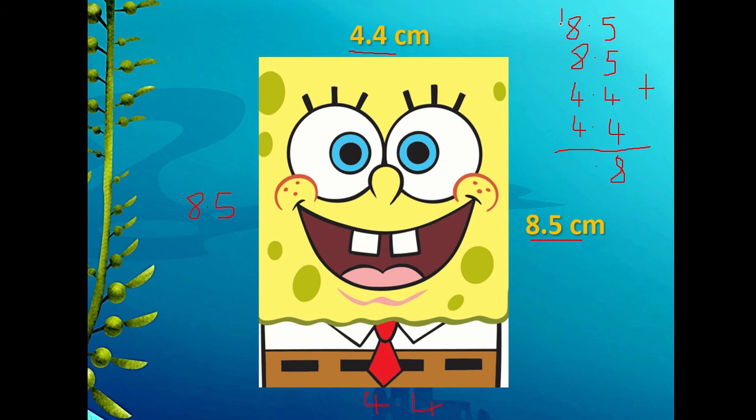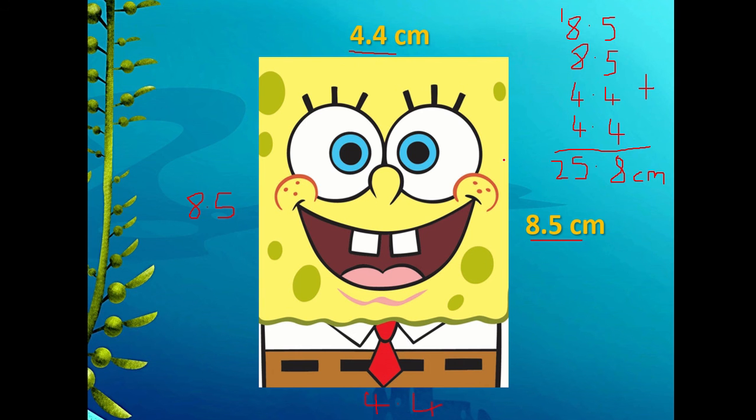Don't forget the one that I carried across. So that is 25. And again, I don't forget the unit of measurement. So the perimeter all the way around of SpongeBob here is 25.8 centimeters. Okay, we're doing well.